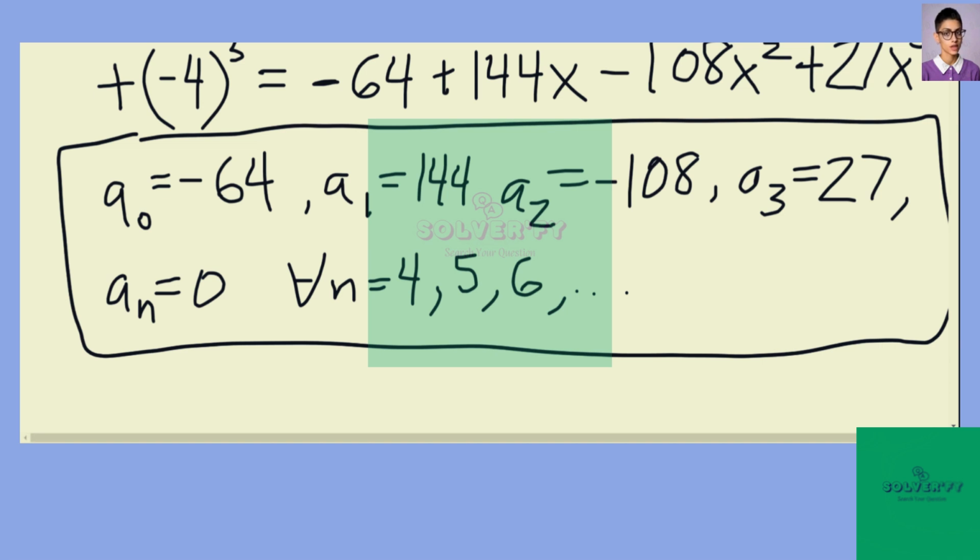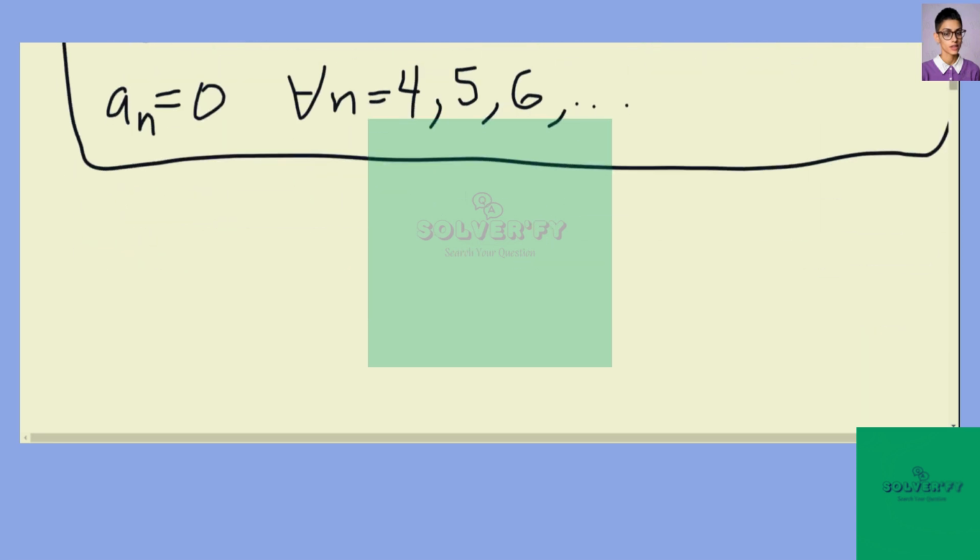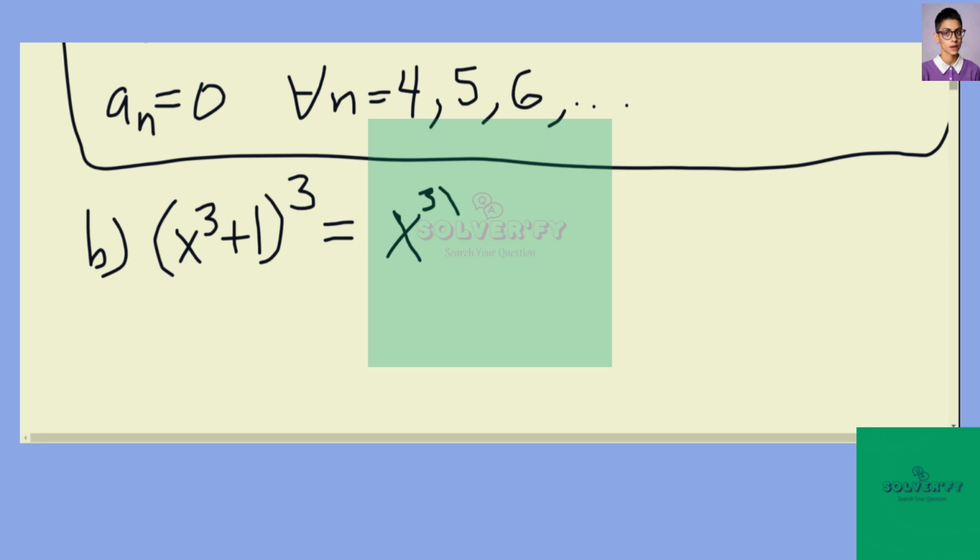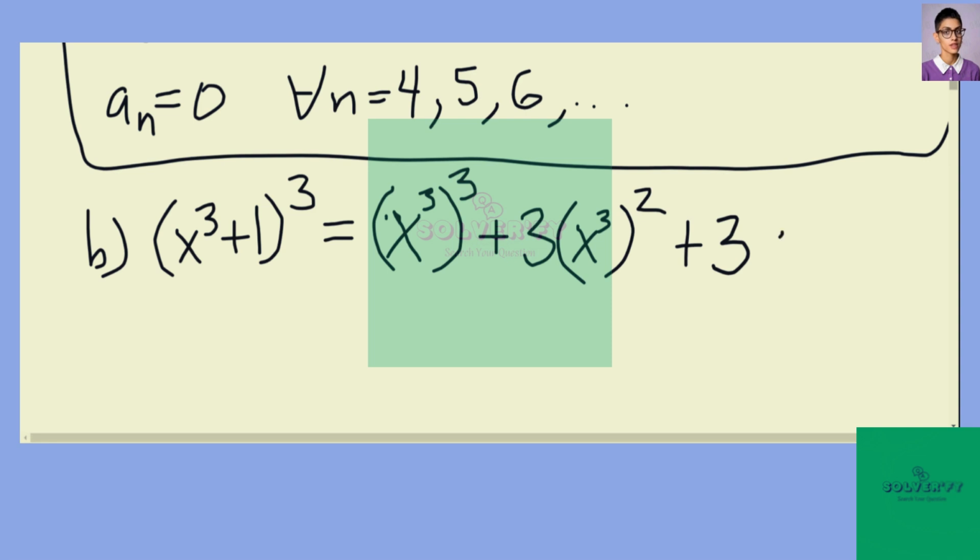In part B, we're given the generating function (x^3 + 1)^3. Using the binomial theorem, we have that this is equal to (x^3)^3 plus 3 choose 2, which is 3, times (x^3)^2 times 1, plus 3 choose 2, which is 3, times x^3, plus 3 choose 3, which is 1, times 1.